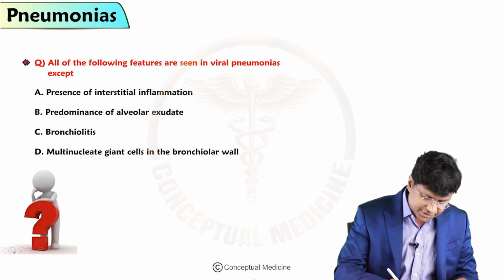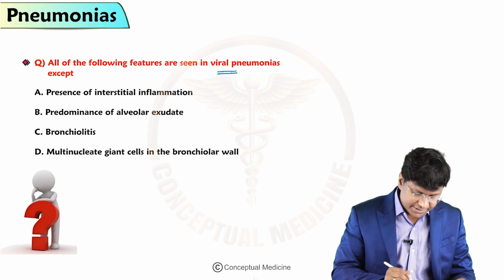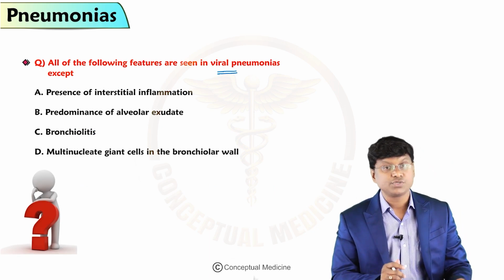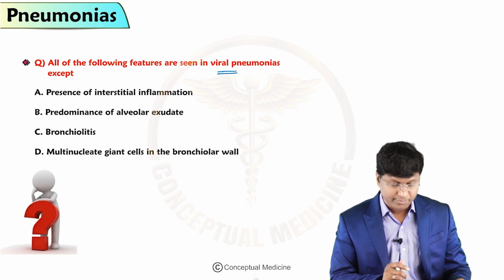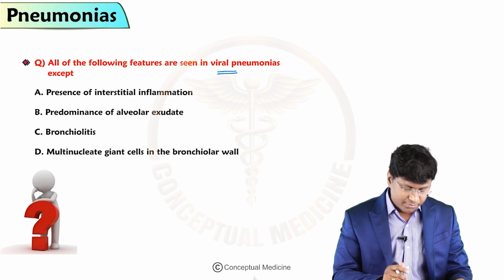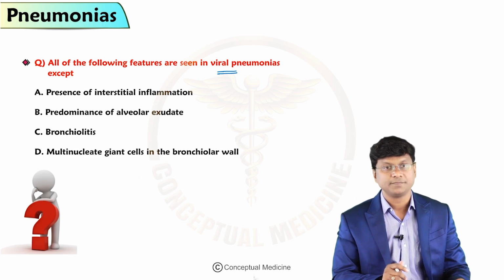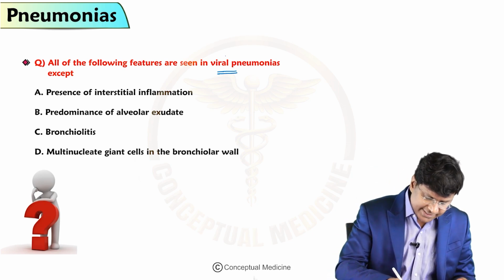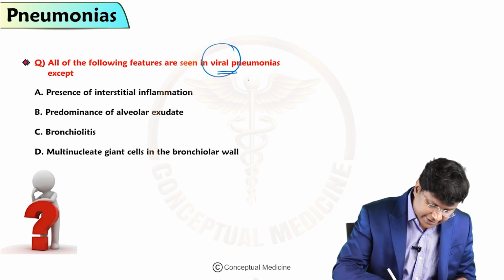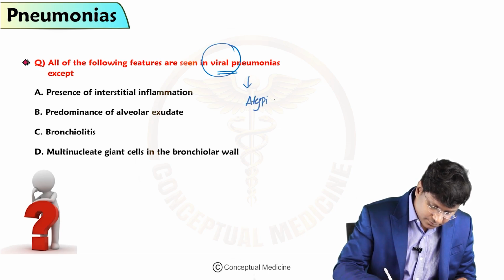So if you see this question: all of the following features are seen in viral pneumonias except presence of interstitial inflammation, predominance of alveolar exudate, bronchiolitis, multinucleate giant cells in the bronchiolar wall. You take these viral pneumonias, most of the time they are atypical pneumonias, which is nothing but interstitial pneumonias.